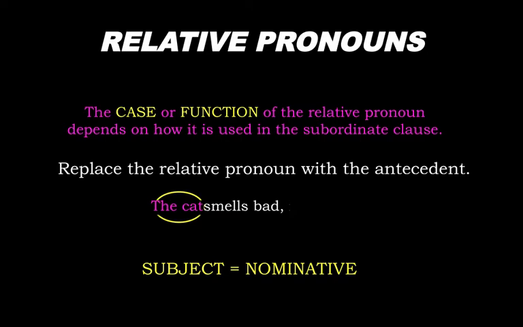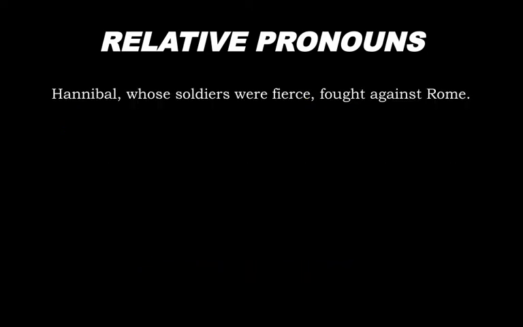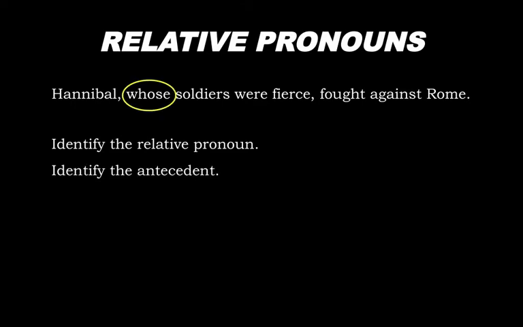Now we're going to go through every single case to show you an example of how this works. Hannibal, whose soldiers were fierce, fought against Rome. Well, the first thing you should do is identify the relative pronoun, and that's whose. Next, identify the antecedent, that noun that falls before, Hannibal. Now we want to replace the relative pronoun with the antecedent.